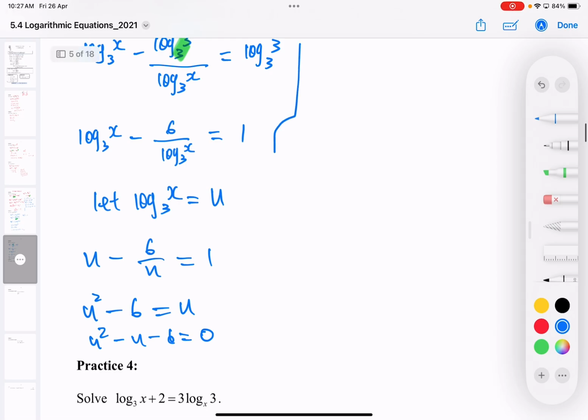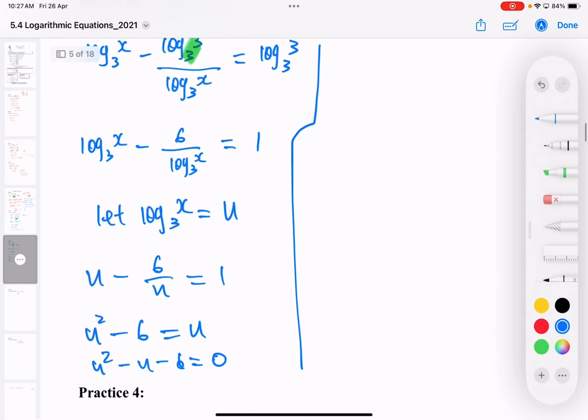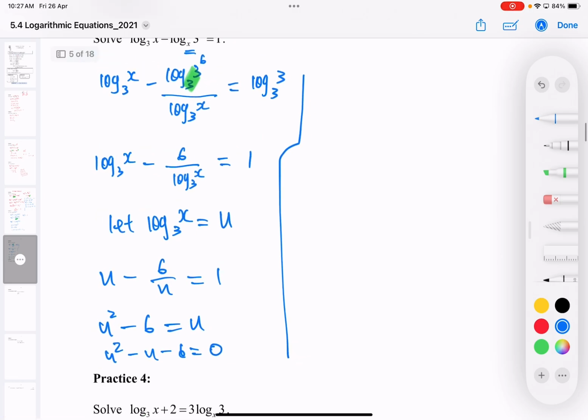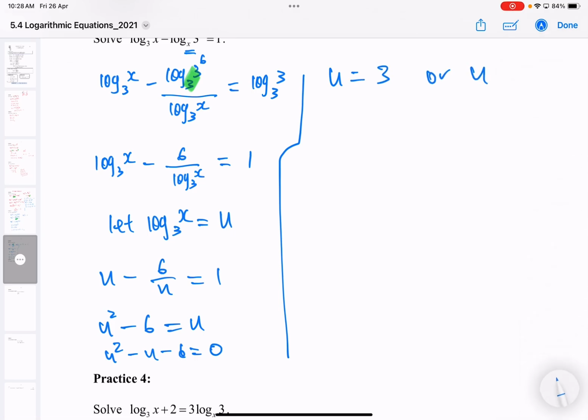Let's solve for U. Use your calculator. Is it the same? Yes, exactly the same. You're going to realize that U is equal to 3 or U is equal to negative 2.